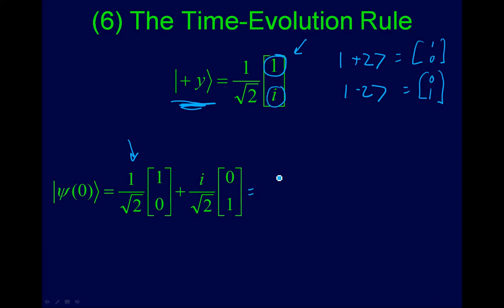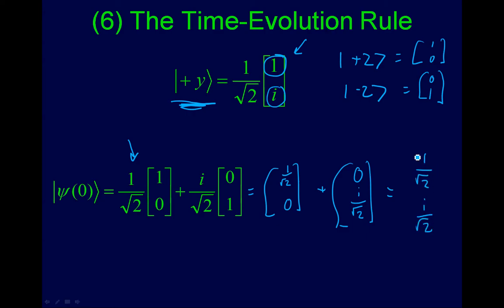If we expand this out, I'd have 1 over radical 2 times 0, and then 0, i over radical 2 there. And so I come out with the exact vector that I want.